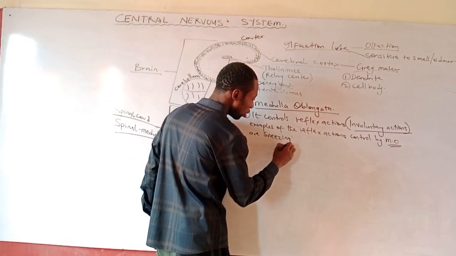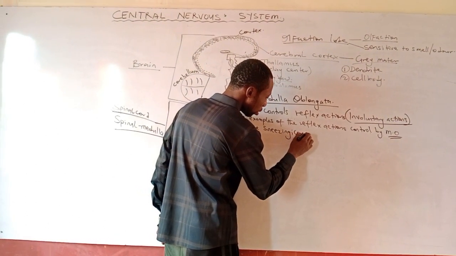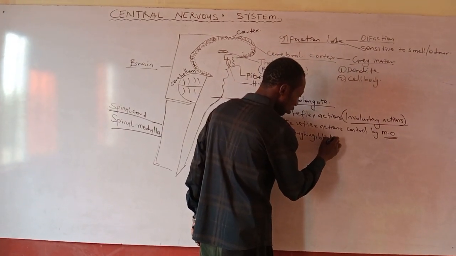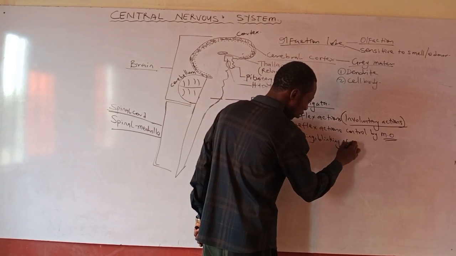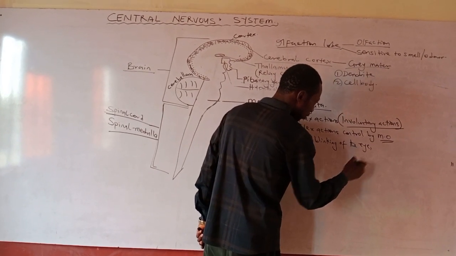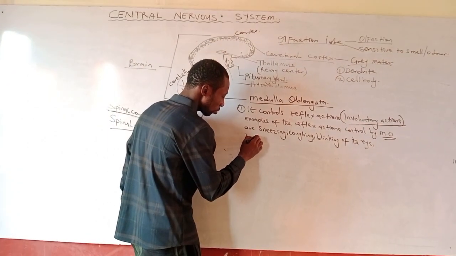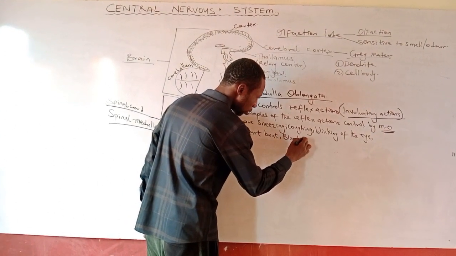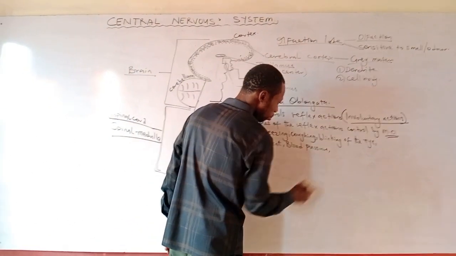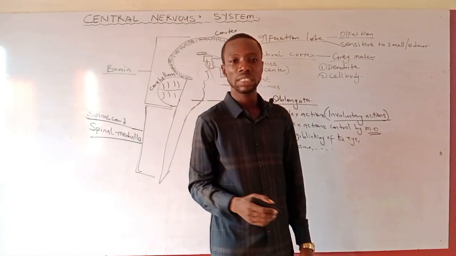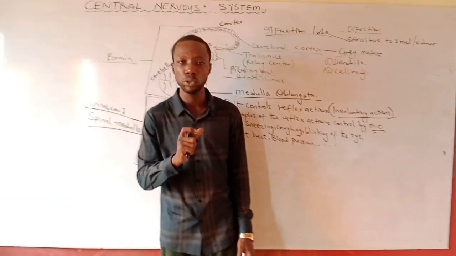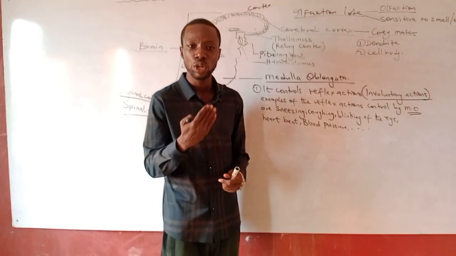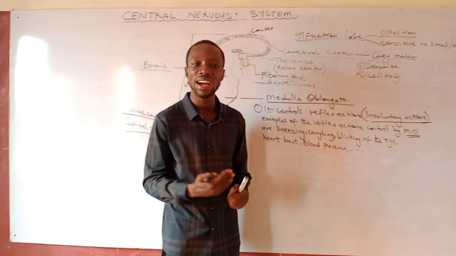Sneezing, coughing, blinking of the eye, heartbeat, blood pressure, digestion of food, absorption of food. All these are examples of the involuntary actions controlled by the medulla oblongata.